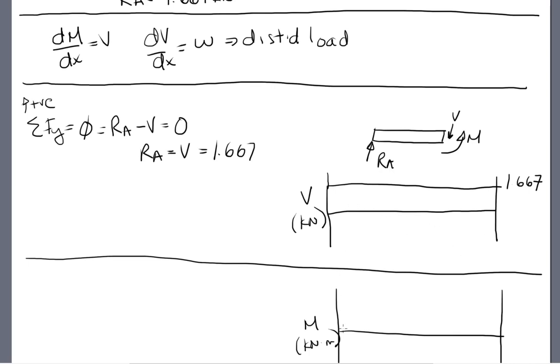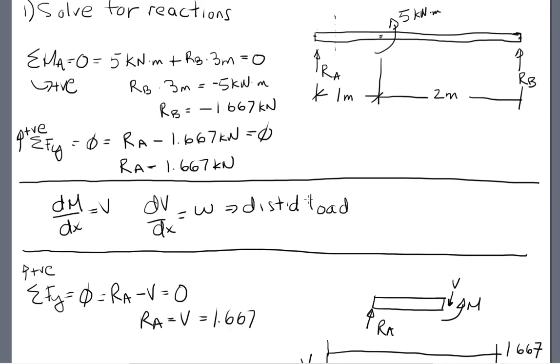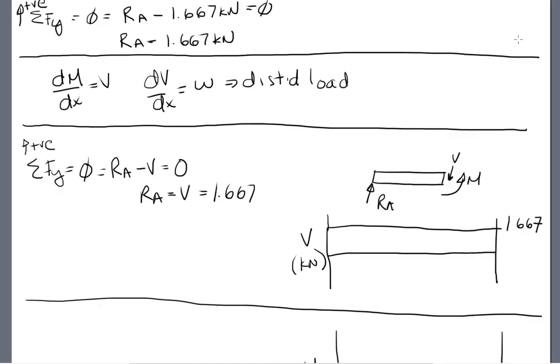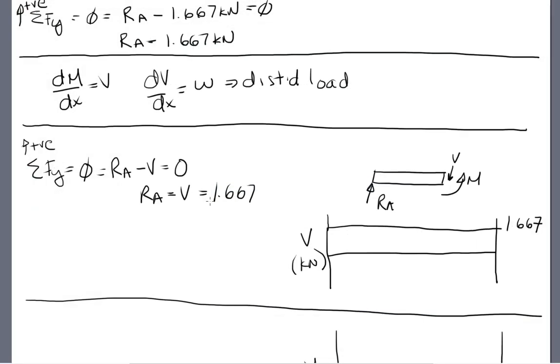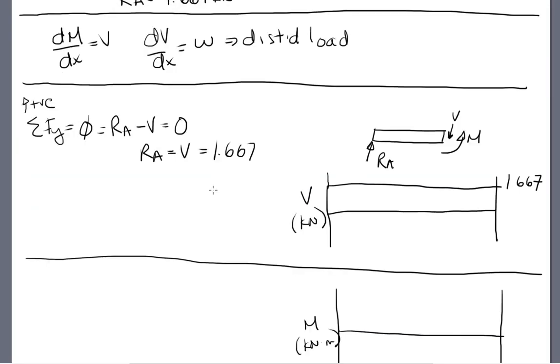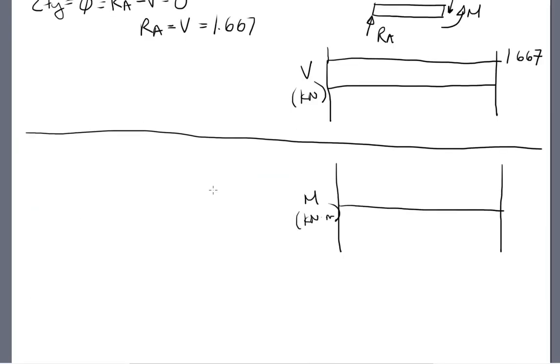It's going to start here, since the moment at a pinned end has got to be 0, and it's got to be 0 here because it's a pin and roller. Recall that this is a pin, and this is a roller. So we're going to have a slope of 1.667 this way.